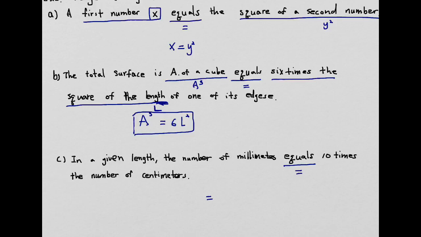The number of millimeters. So millimeters on the left side, and the right side is going to be 10 times the number of centimeters. So you're going to have 10 times centimeters. That's how you're going to write C into algebraic formulas.